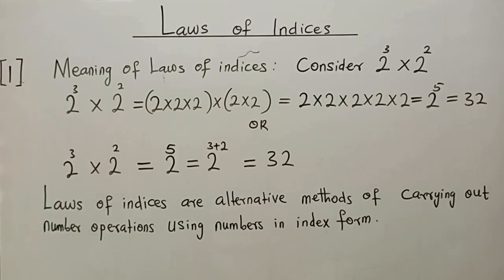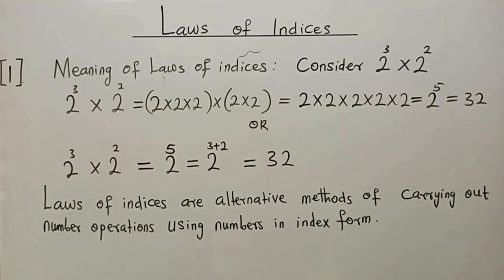But what if it is 2 to the power 3 plus 2 to the power 2? Is there a law that guarantees the correctness of the result? That is, is there any alternative method of solving that kind of problem? 2 to the power 3 plus 2 to the power 2.